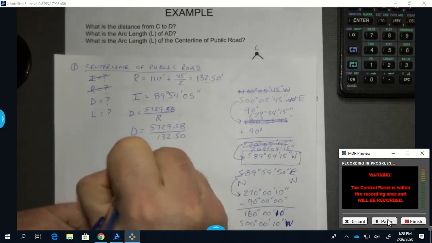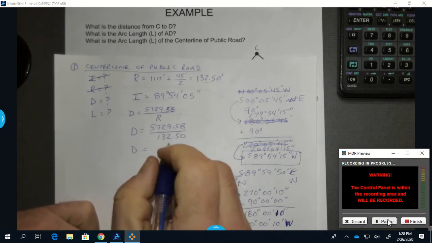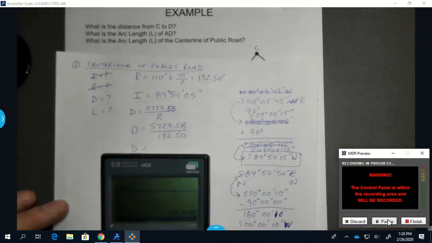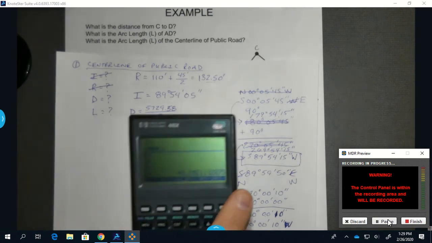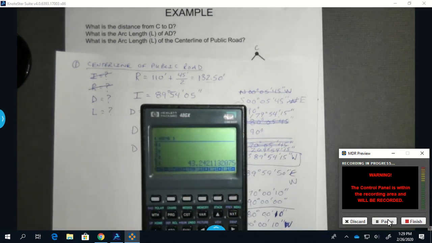Let me do a calculation quick: 5729.58 divided by 132.5. This is the answer I get, but this is in decimal degrees. On my particular calculator, I have to change this to degrees, minutes, and seconds.